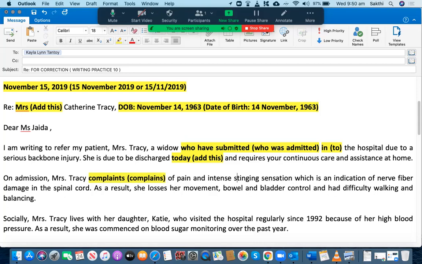pain and intense stinging sensation, which is an indication of nerve fiber damage in the spinal cord.